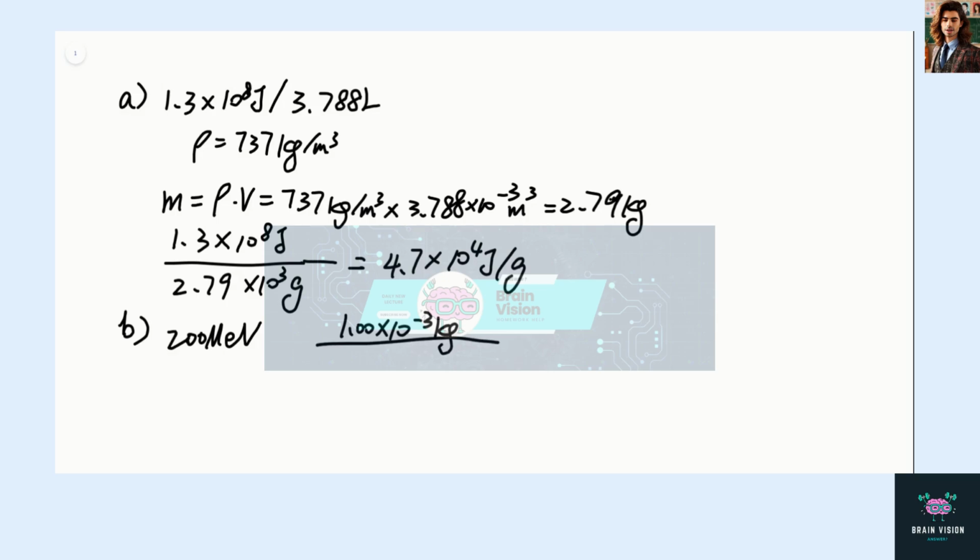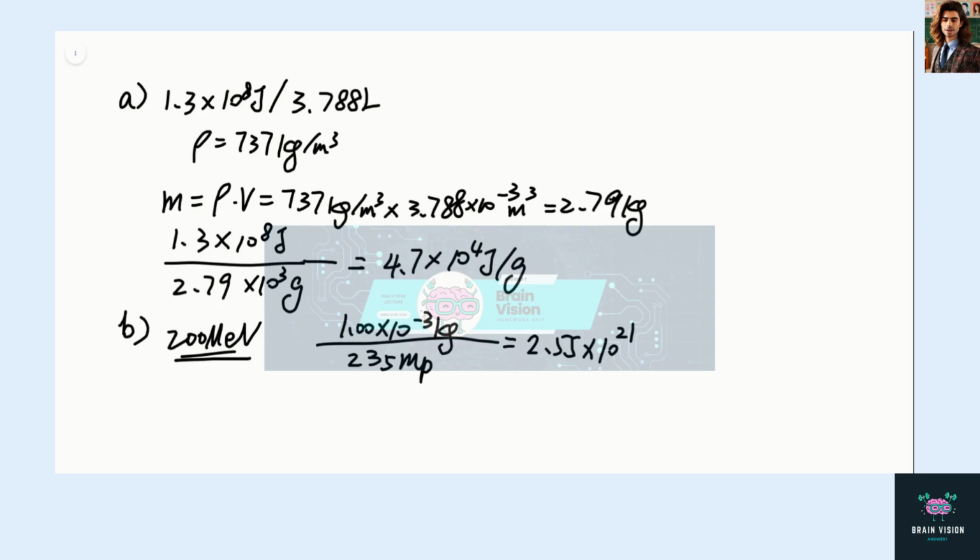Because we have 235, the mass number of the atom we're using, each atom has a mass of 235 times the mass of a proton. So if you plug in the mass of a proton, you'll find that each gram has 2.55 times 10 to the 21 nuclei. And we know each nucleus will release 200 MeV of energy.